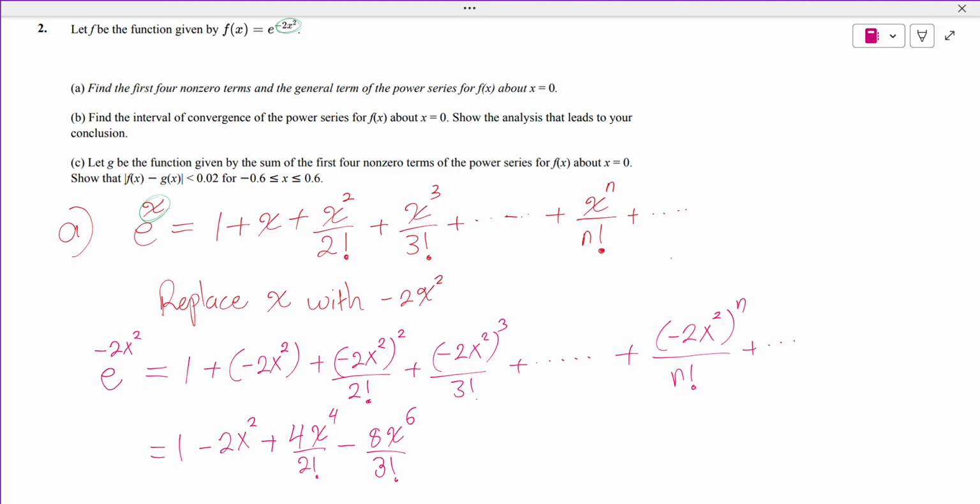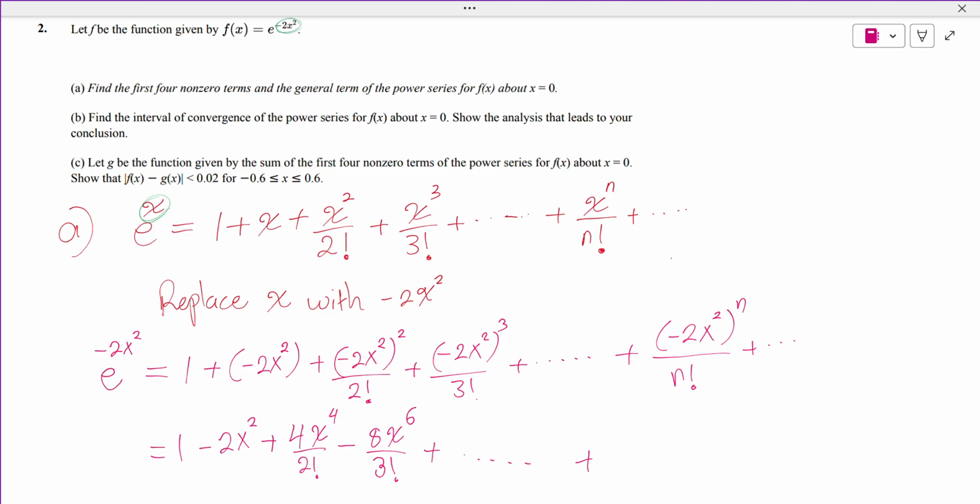Do we have more? We said the first four non-zero terms, right? These are the first non-zero terms. Let's keep it for now. We will use I think the fifth term in part C, so we will generate it later. Plus, let's simplify this one.